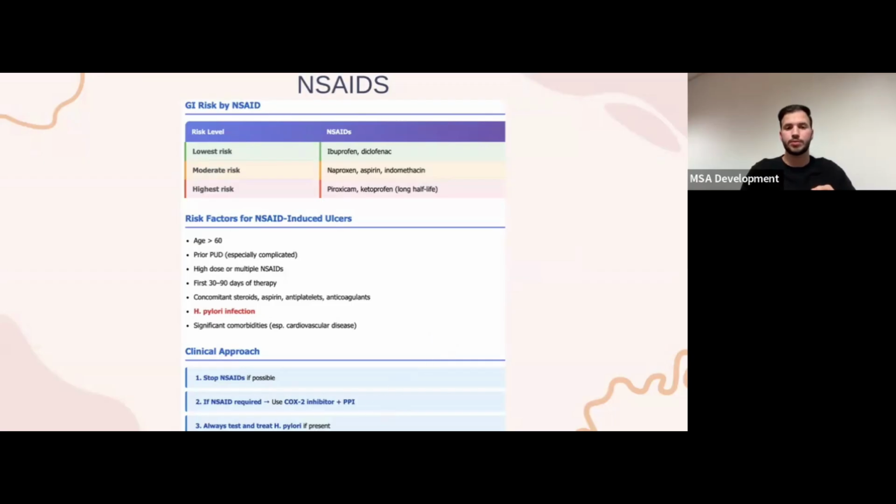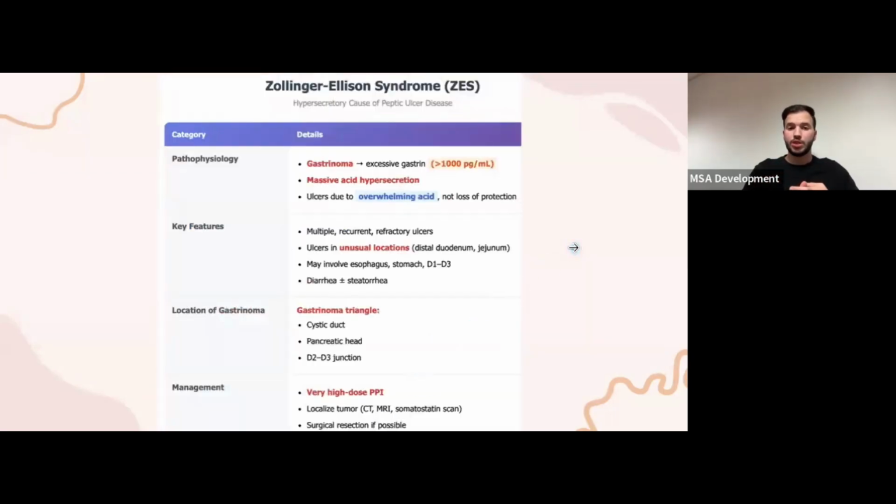Now, as you mentioned before, Zollinger-Ellison syndrome is a gastrinoma tumor where we have excessive gastrin. We have massive acid hypersecretion and ulcers due to the overwhelming acid. Now, what are some key features?